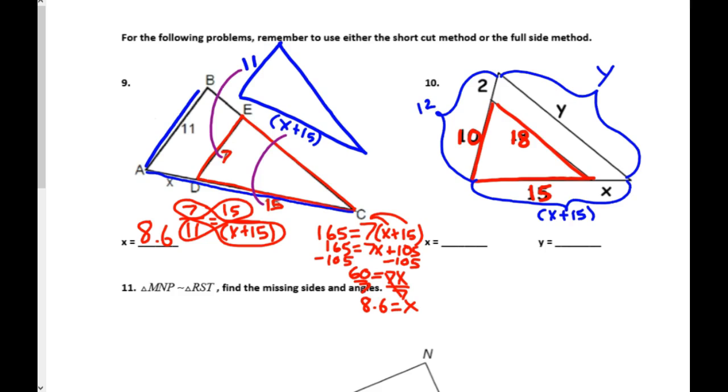Okay? So we need to set up two different fractions to figure out x. So let's do that. If I'm going to go from small red triangle to big blue triangle, and I need to get x, I'm going to go from 15 to x plus 15, and then I'm also going to use 10 to 12.